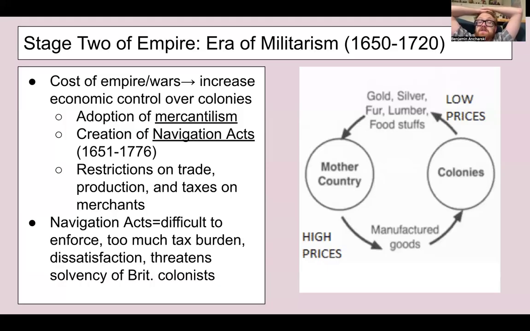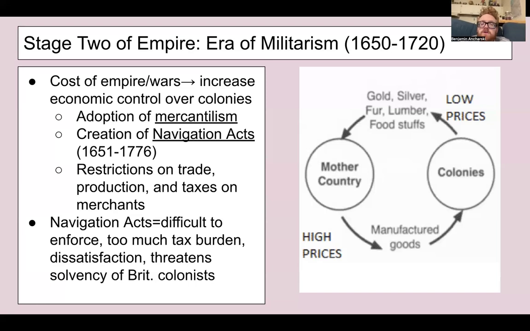Merchants are suddenly going to have to pay import fees and export fees. These taxes are really limited to the merchant class, but as merchants need to pay for them, they're going to up their prices. And that's especially bad, as we're going to see, because there are going to be some problems related to debt between the colonies and the mother country.